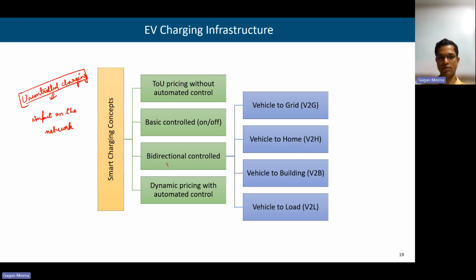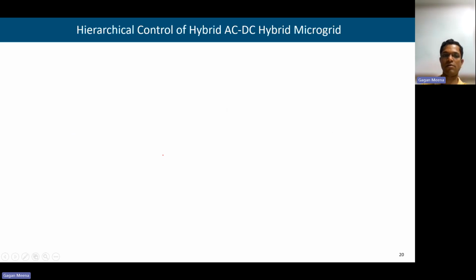This is called vehicle to grid. But in bi-directional control, there are many: vehicle to grid is one, vehicle to home, vehicle to building, and vehicle to load. All these fall under bi-directional control, and the last one is dynamic pricing with automated control.